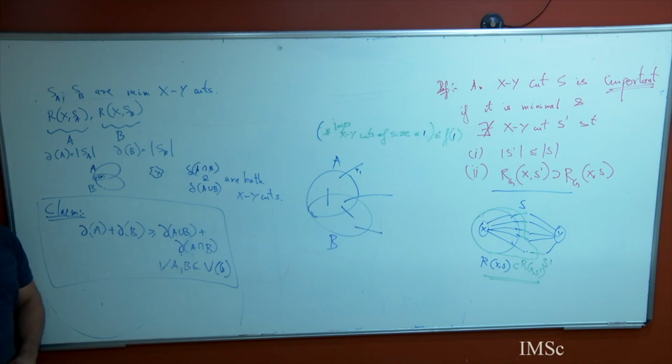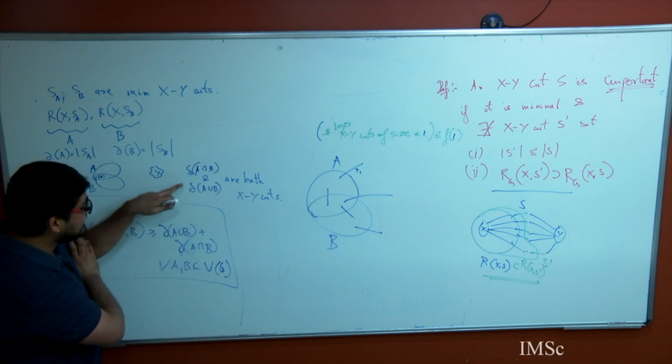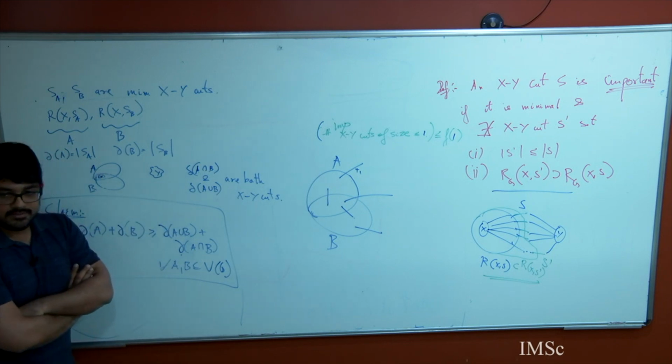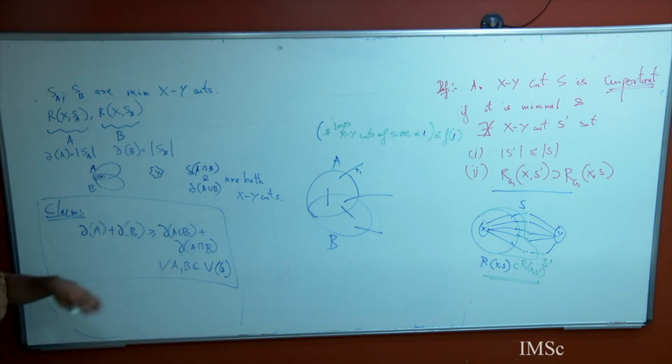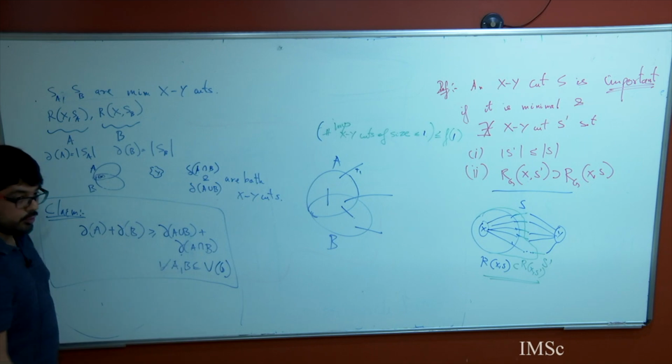These are both XY cuts. Now can we infer something interesting about the sizes of these two sets? So let's try to plug in the submodularity inequality, which tells us that this is true.